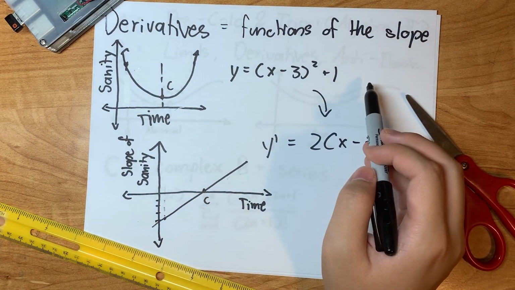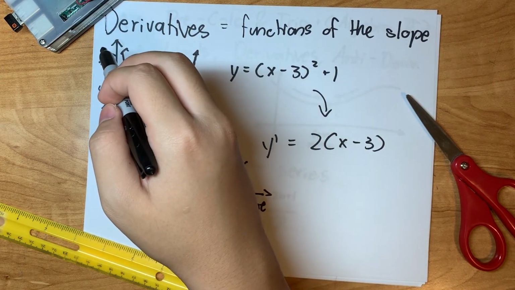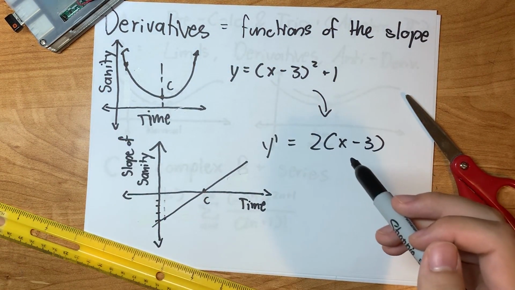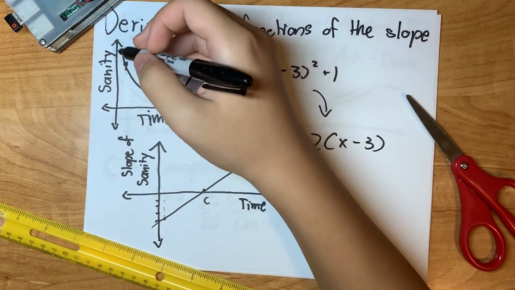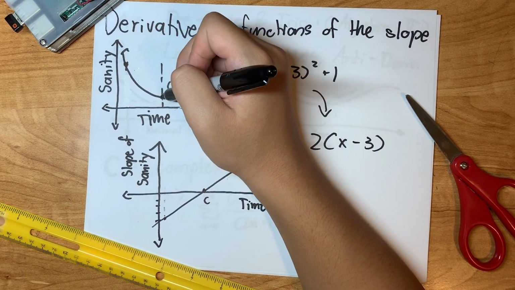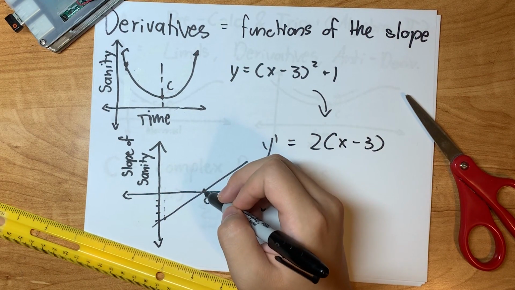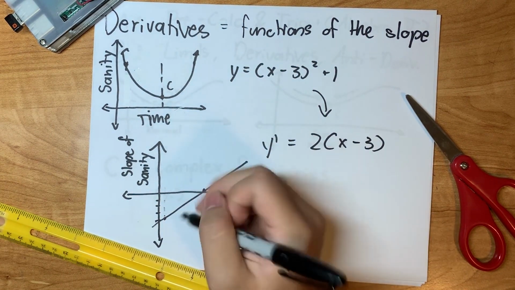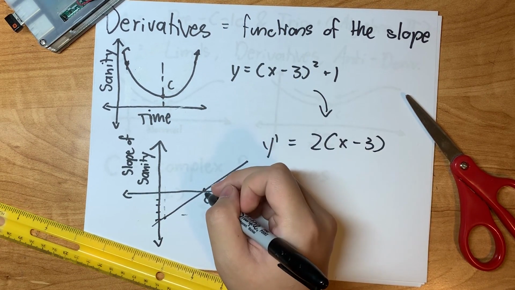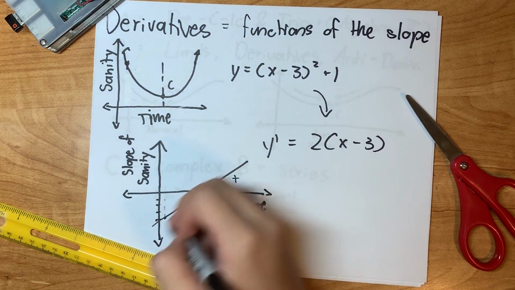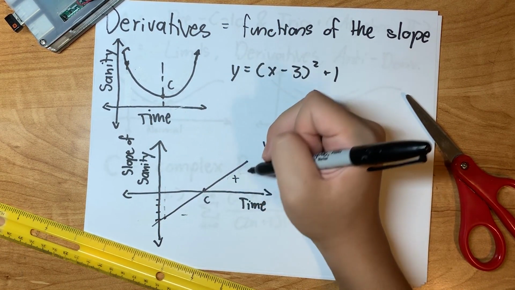of this first function. When I graph both of them onto coordinate planes, you will see that at the same x's, the first curve will reach its minimum, and the second line will reach its crossing point between negative and positive. So essentially, at this x value c, the line will cross from negative y values to positive y values.